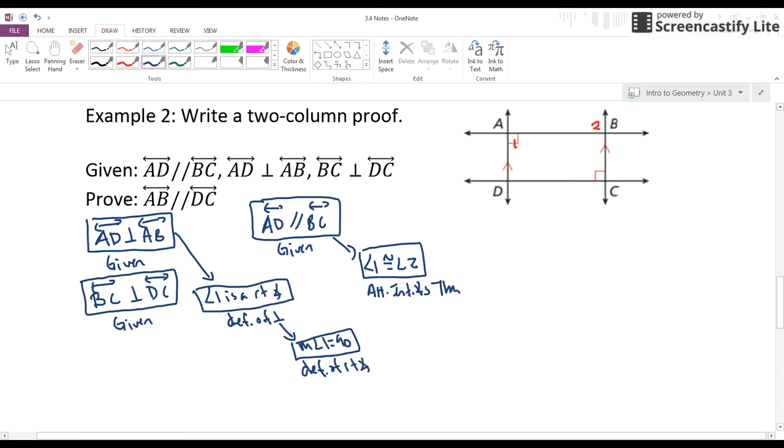Okay. Now, remember, I want this angle 1 to translate to angle 2 because really I don't care about this line AD. I really want to focus on BC and show that BC is also perpendicular to AB. And then I could say that AB is parallel to DC, right? So from here, I know angle 1 is congruent to angle 2.